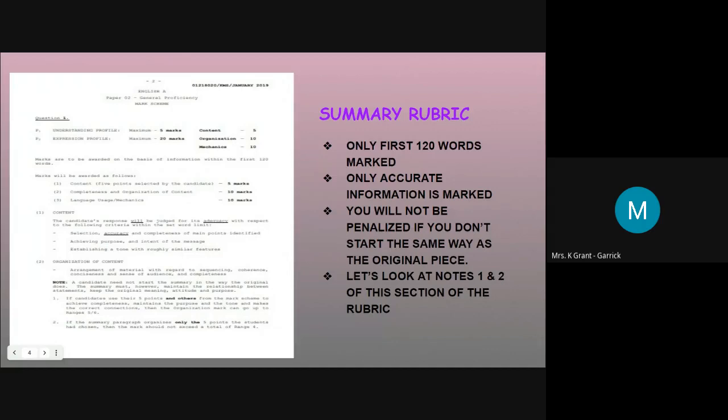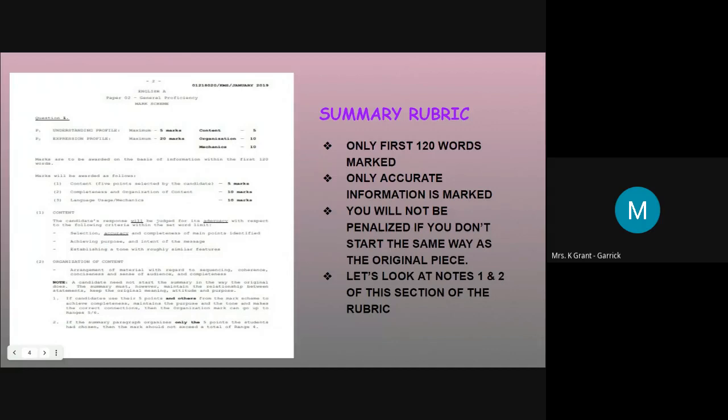So it's 5, 10, 10. The content will be the 5 main points, sentences of course, and you're going to be expected to show completeness and organization of this content information as you put them together to create your summative ideas. Of course, they should be error-free and should have the relevant grammatical and punctuation information.